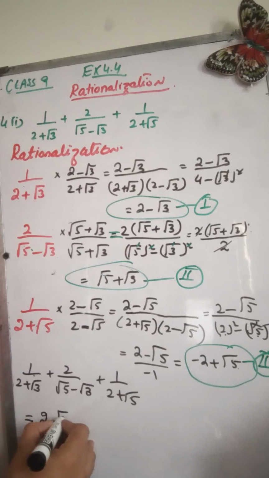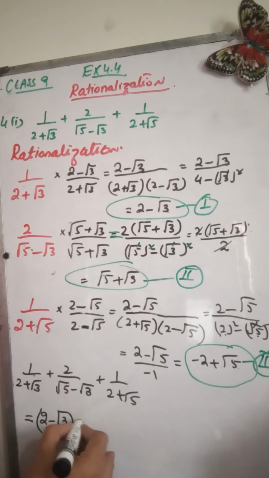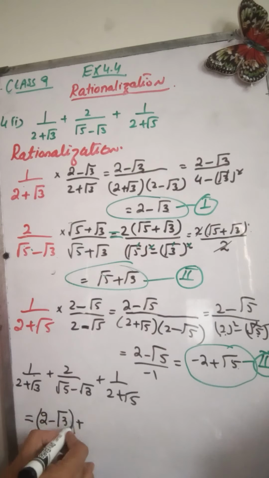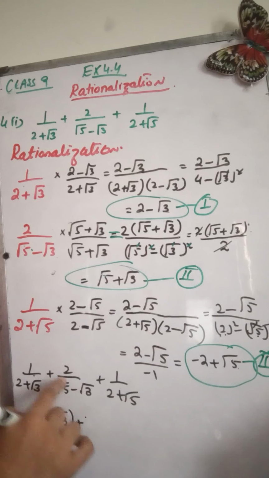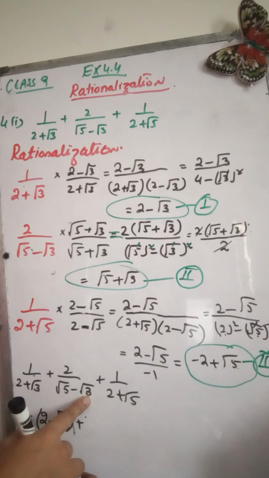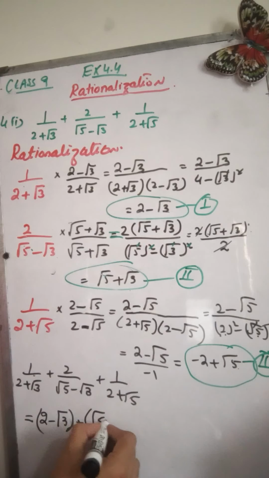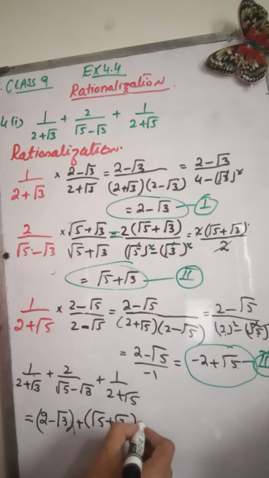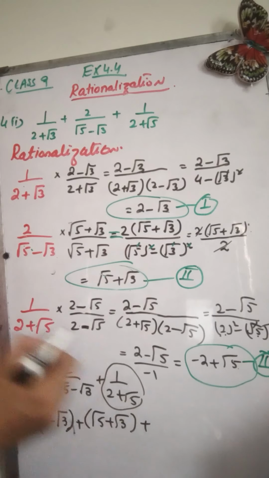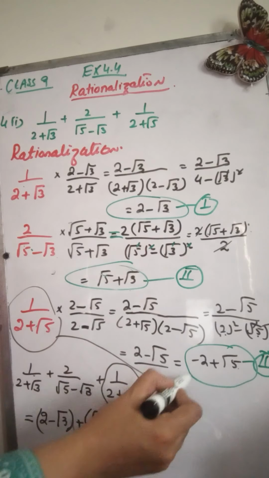So this is 2 minus √3 plus 2 over √5 minus 3, which will be equal to √5 plus √3, plus the rationalization of this expression was this.